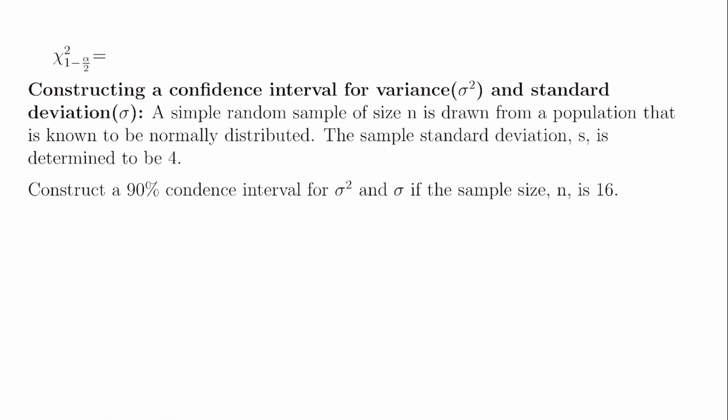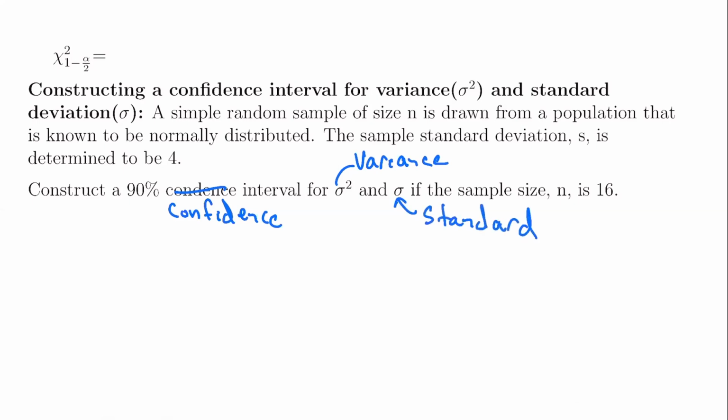Construct a 90% confidence interval for sigma squared and for sigma if the sample size n is 16. Sigma squared is actually just variance. We went over variance in the beginning of chapter 3, but we really didn't focus on it.